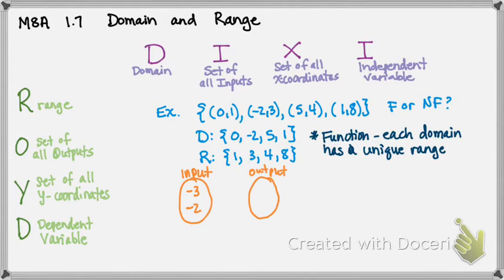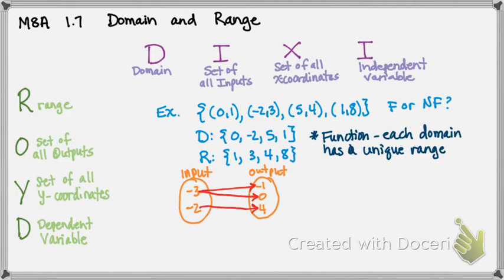And we'll just put in -1, 0, 4. And then we're going to draw an arrow to connect the input to its output. So -3 pairs up with -1. But -3 also pairs up with 0. -2 pairs up with 4.